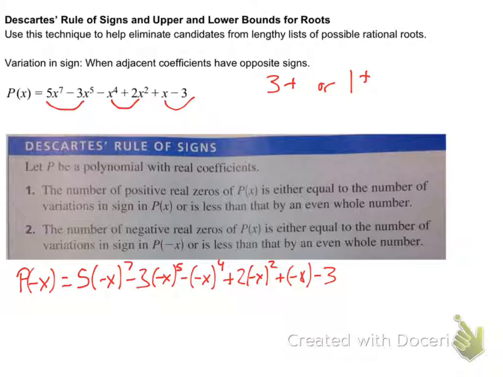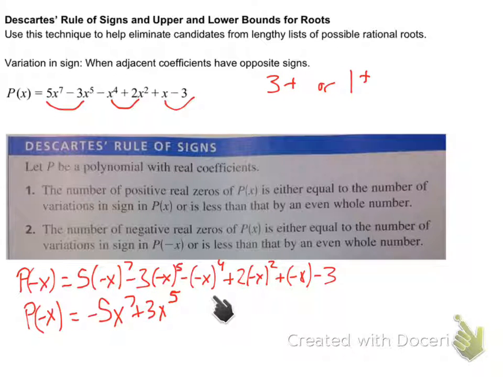So if I start to evaluate, an odd power on a negative will keep it negative. So I think everybody should realize that this will be a negative 5x to the 7th. Yes? The negative inside here to the 5th power gets to go to the outside, which cancels with the negative there. So it's a positive 3x to the 5th.